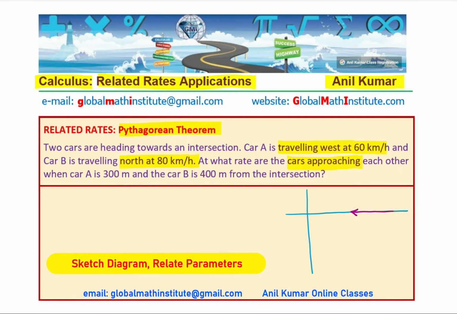Traveling west. So this is car A which is traveling west. And car B is traveling north, right? So let us say this car is traveling north. And that is car B for us. Make sense?